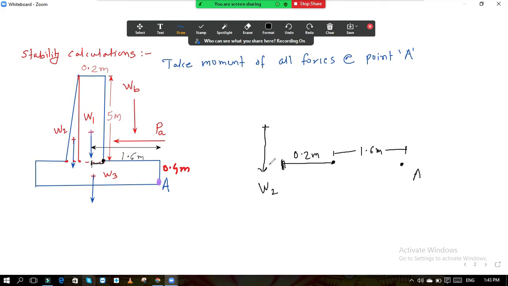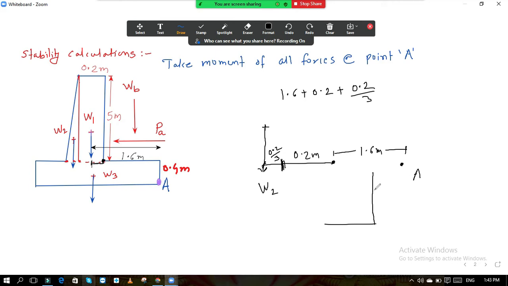Now this triangle, the centroid of the triangle is at a distance of what? B by 3 and H by 3 from the right angle. So B by 3, the base is 0.2, so this will be 0.2 by 3. If I want to calculate the total distance from point A, the distance will be 1.6 plus 0.2 plus 0.2 by 3.